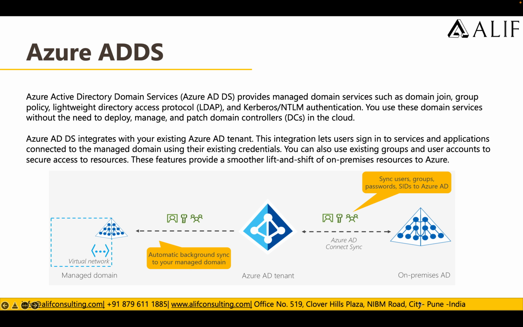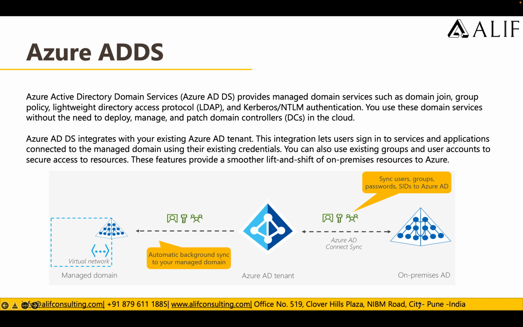And in the same way, when we are replicating our on-premise Active Directory to Azure, and from Azure to Azure Active Directory Domain Services, we can use our existing groups and users to share all the resources, allow them to authenticate at the same time, and allow them to access all the resources using a secure channel, right? So these are the things you are going to get with Azure Active Directory Domain Services.